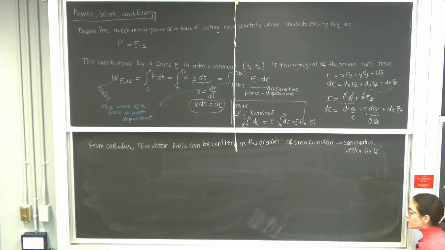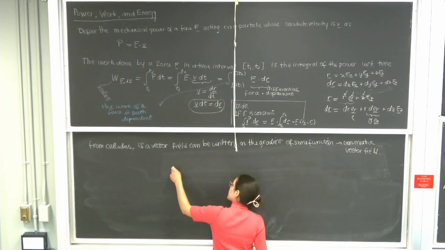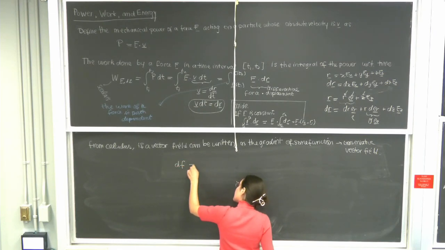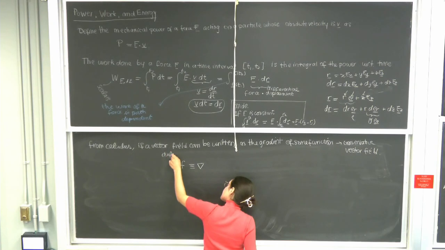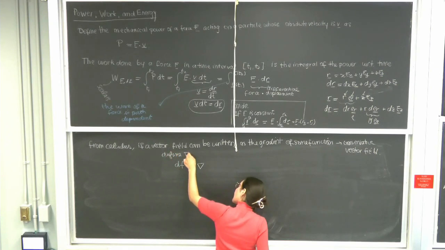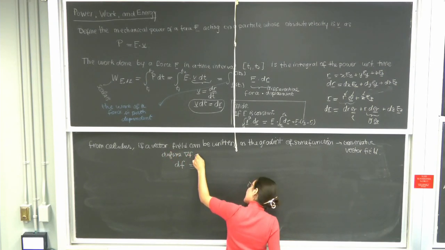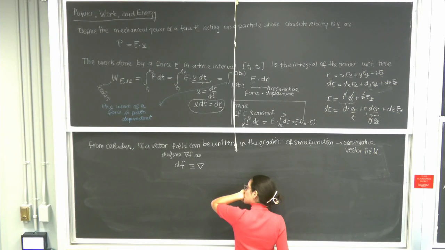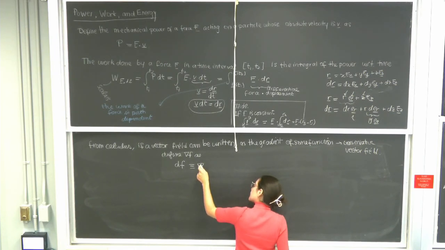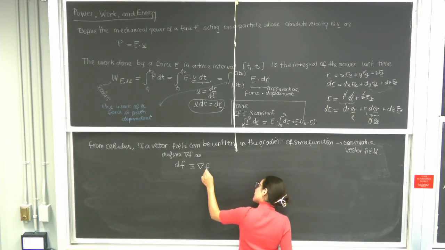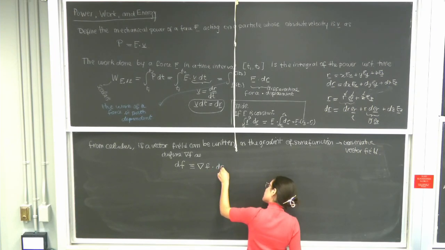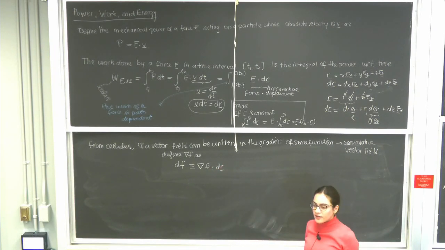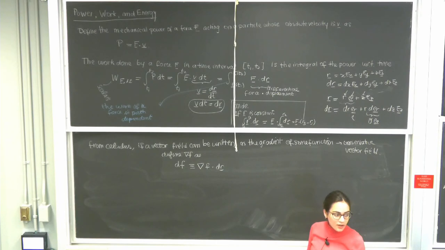So the differential of the function, df, define grad f as: the differential of the function is the gradient of the function dotted with dr. Let us double check if it works.